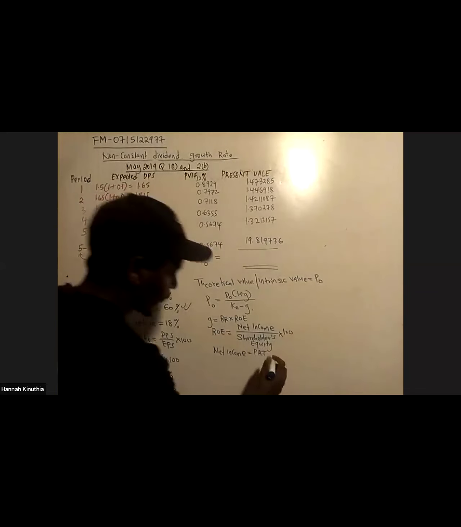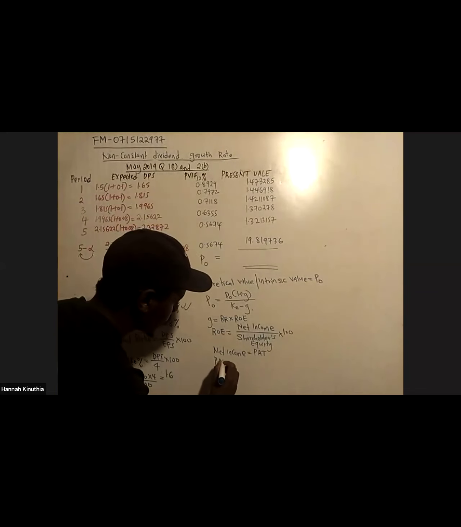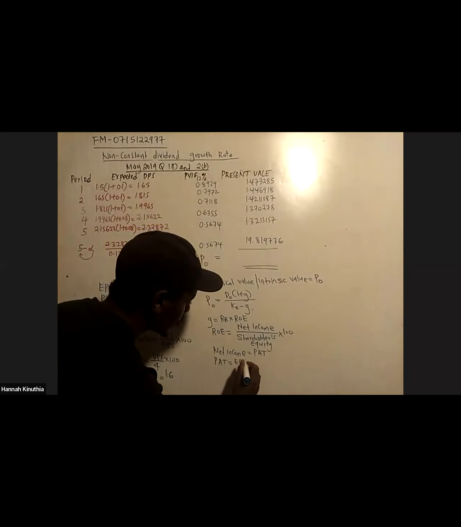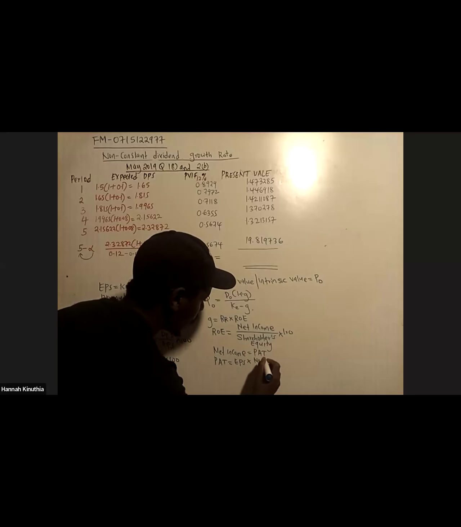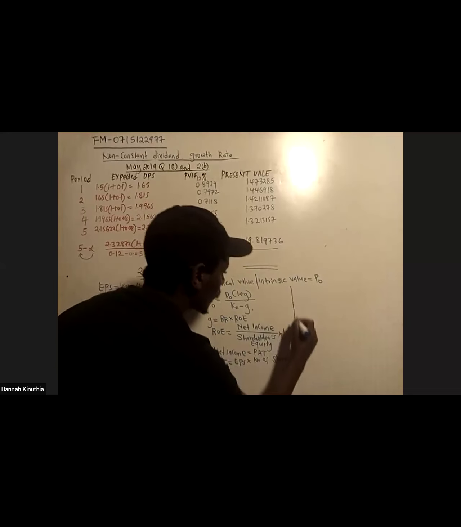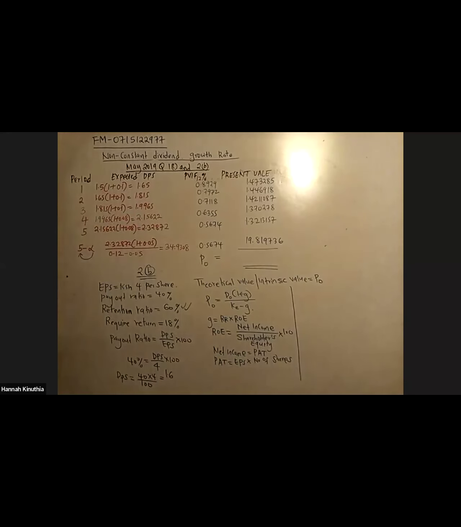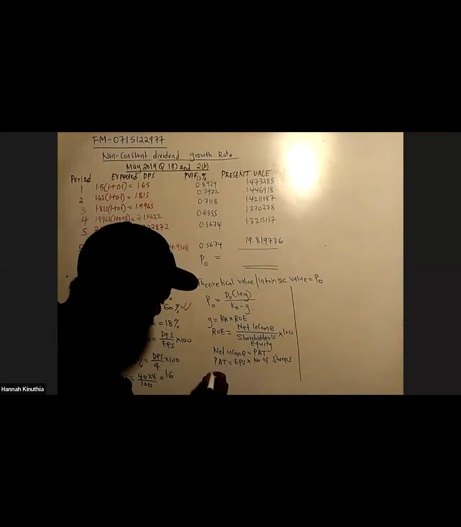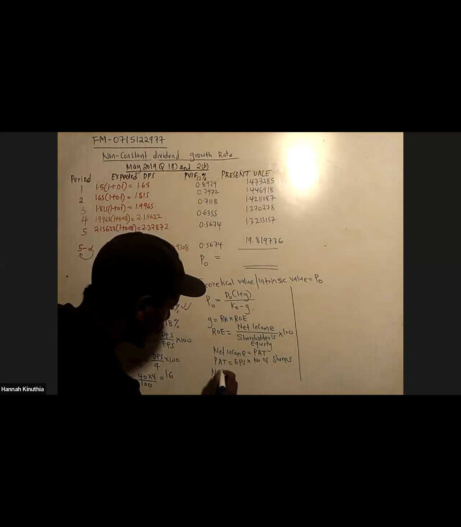And how do you get the profit after tax? Profit after tax is equal to EPS times number of shares. So what will be our net income? Our net income itakuwa ni 4.